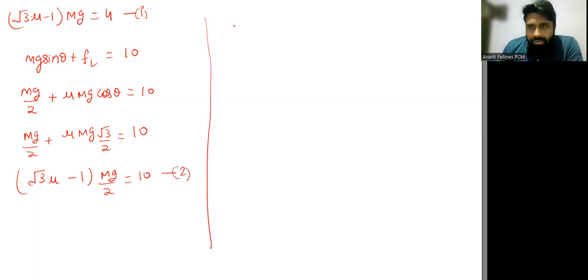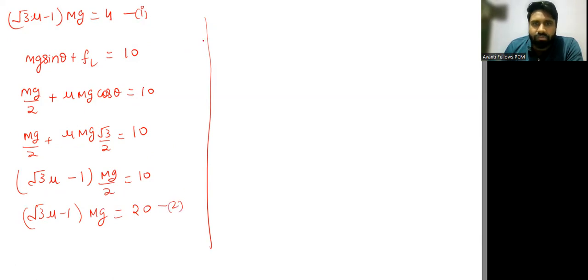Now we will divide equation number 1 by equation number 2, or you can also multiply by 2 on this 10. So this will become root 3 mu plus 1 into mg is equal to 20. This is equation number 2.